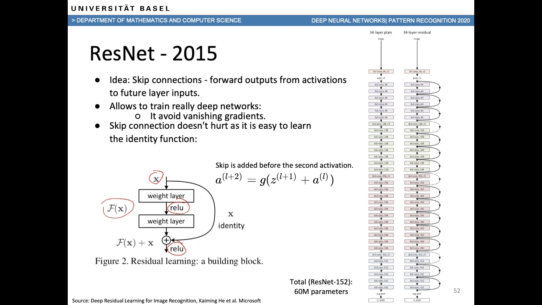So we start out with a feature map of 64, and then after pooling we have feature maps of 128, 256, and then 512 in the later layers in this deep neural network. And there exists a ResNet version with 152 layers, and this network has just 60 million parameters.